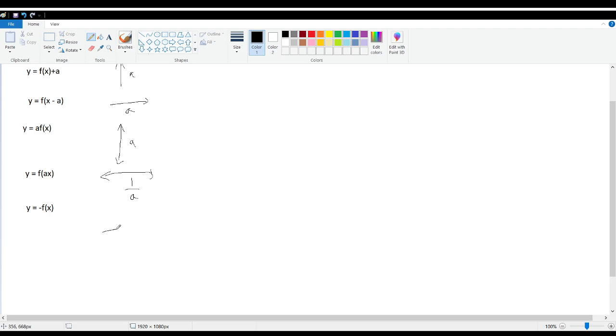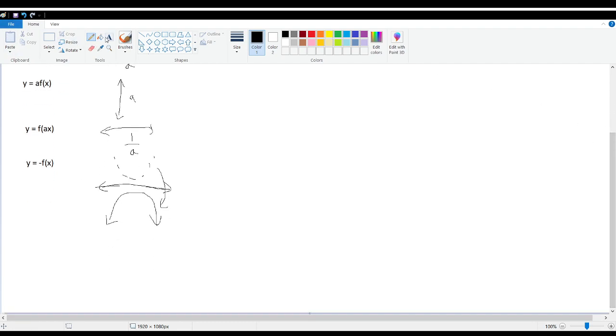So normally, let's suppose this is the x-axis. This is our initial function, and the transformed function will look like this. So it's just a reflection in the x-axis, like this.